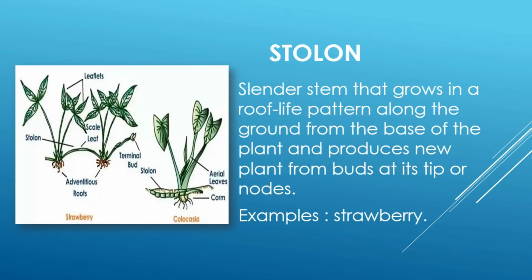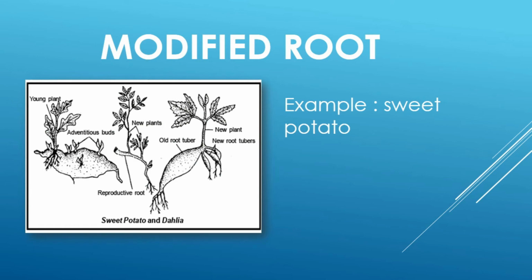Now stolons are the slender stem which grow in a roof-like pattern along the ground from the base of the mother plant, and they produce a new plant when they come in contact with the soil, or they develop a new plant from the bud at its tip or the nodes. Example is the strawberry. In the slides so far, the examples we saw are all modified stems which give rise to a new baby plant asexually.